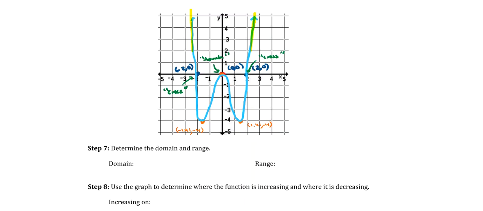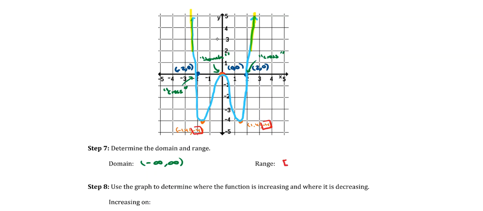Determine the domain and range. By default, the domain of any polynomial function is all real numbers. That's because you'll never have division by 0, nor negative numbers inside of even roots, such as a square root. Now the range isn't all real numbers. Actually, there is a smallest y value on the graph, and that would be indicated by these absolute minimums, doubling up as local mins.